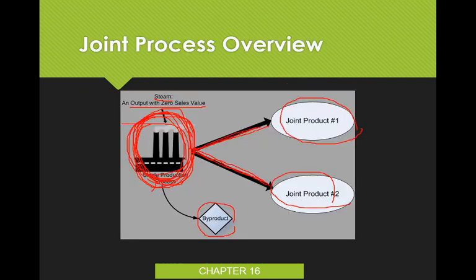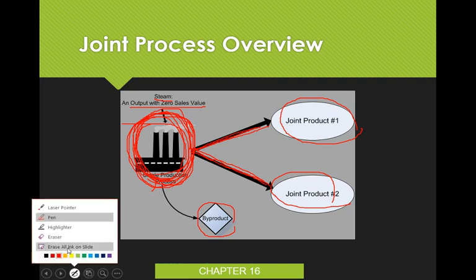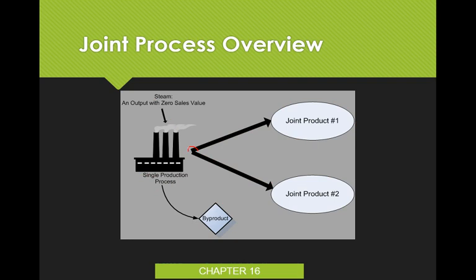If we go back to our example, this point will be called the split-off point, because before this point we can't distinguish between the components or ingredients of the crude oil, لا نستطيع أن نفرق بين مكونات النفط.